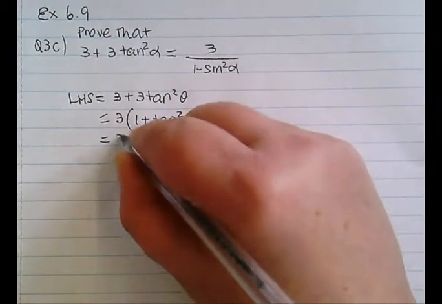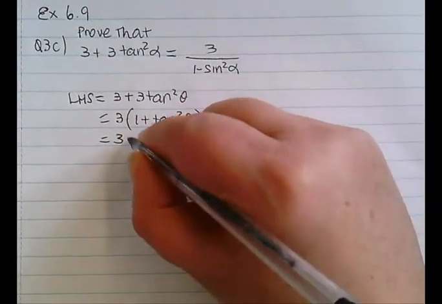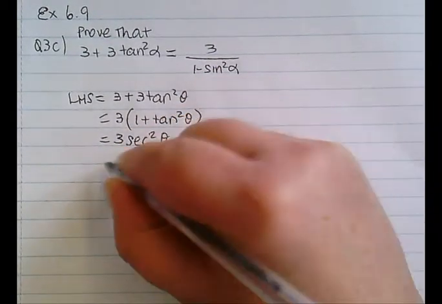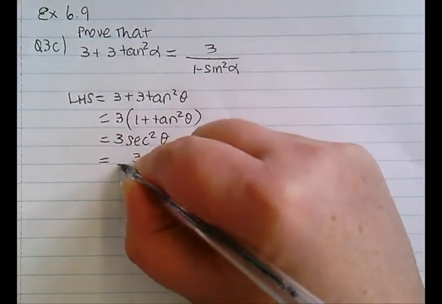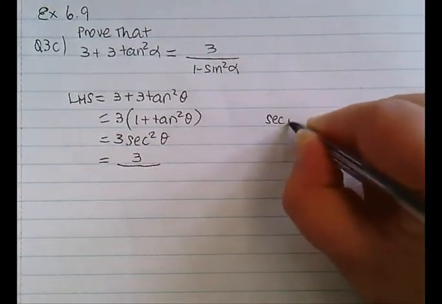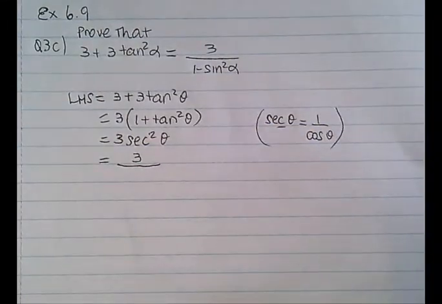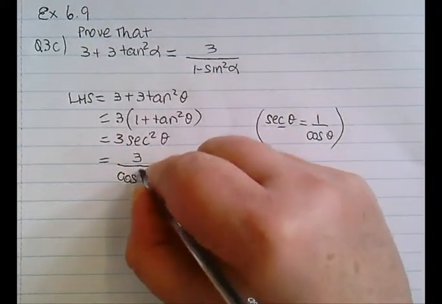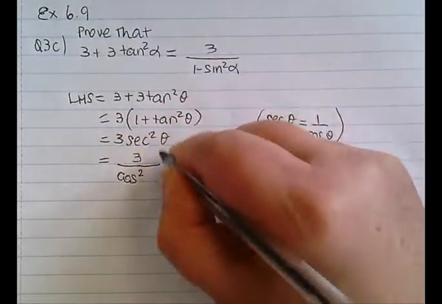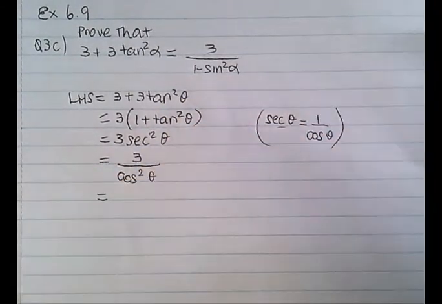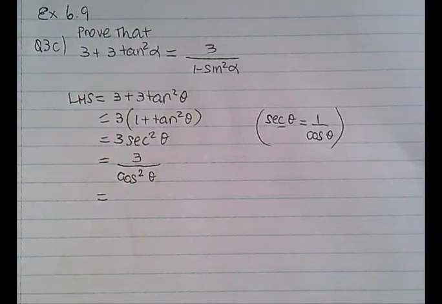All right. So what's 1 plus tan squared? Sec squared. Now, what's sec? Good. So I'll just put that over here. So it's 3 over cos squared. These are meant to be alphas. I've been putting thetas, doesn't matter. And what's cos squared?